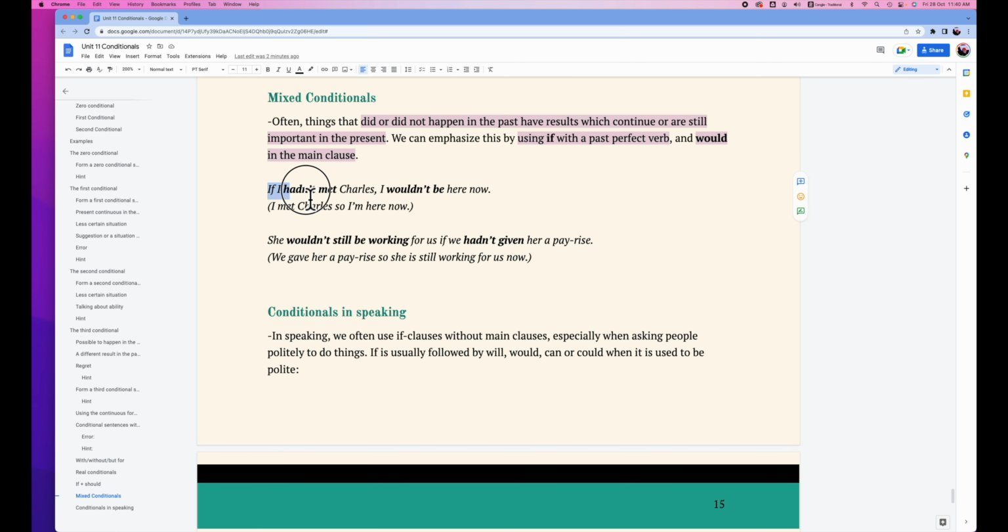If I hadn't met Charles, I wouldn't be here now. So the first one: I met Charles, so I'm here now. She wouldn't still be working for us if we hadn't given her a pay rise. We gave her a pay rise, so she is still working for us now.